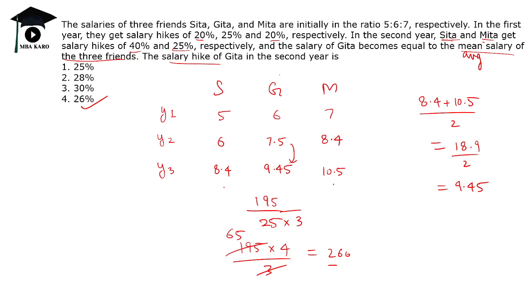So if you write it 195 by 250 into 3, and then you do this with like 250, like 4 by 1000 and so on, you will get the exact percentage term. So you get the answer as 26%. So like a doable question, just you need to note the values, make the numbers and get the answer.